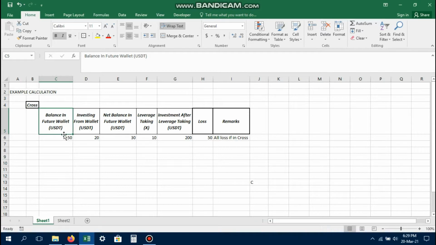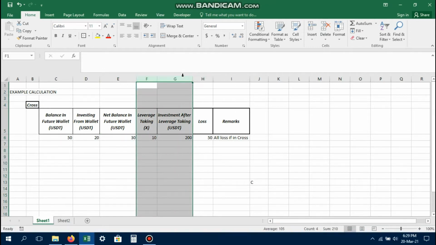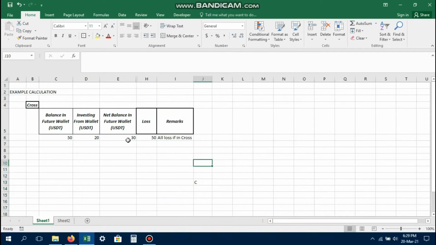Now for example, you have 50 USDT in your future wallet. You invested 20. Now how much is left in your future wallet? 30 USDT. Now, in cross, the drawback is if you get a loss, that is, if the price of the coin comes exactly to the liquidation price, then your entire balance in the wallet will be 0.